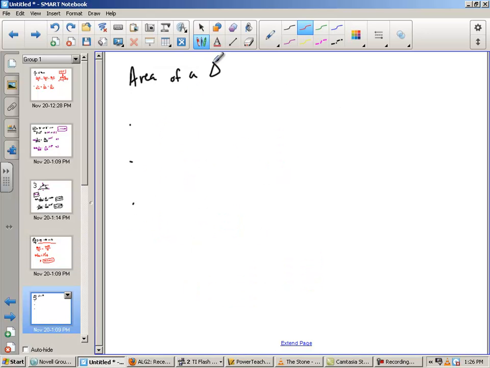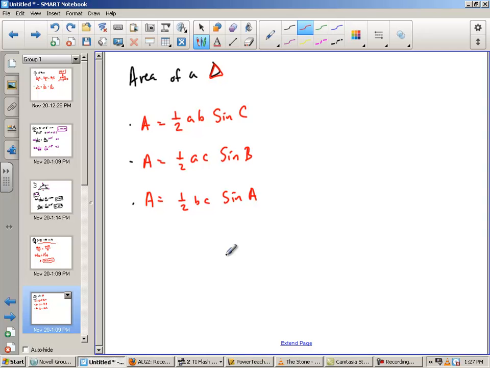Okay. Then we want to talk about how do we find the area of a triangle when we can't easily measure the height. Well, there are three formulas, and they are all the same, just rearranging the letters. It will be 1/2 AB times the sine of C, or 1/2 AC times the sine of B, or 1/2 BC times the sine of A. Any one of those works as a formula.